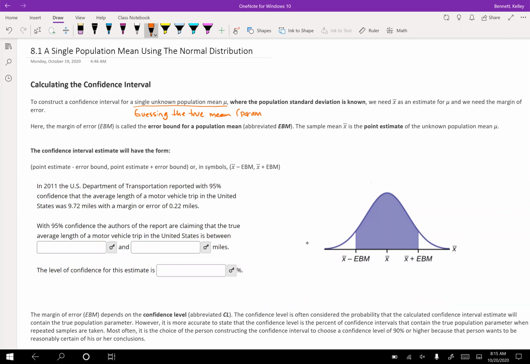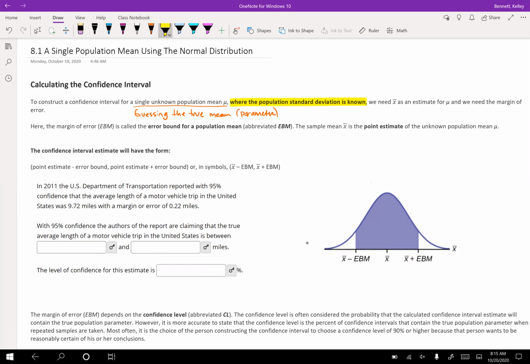It's a parameter because it goes with the population, and where the population standard deviation is not known. This is essential: you have to be aware of whether you know the population standard deviation.